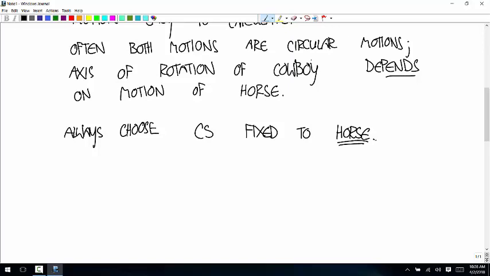And the reason you do that is your coordinate system is in a simple motion, and then relative to the coordinate system, the other motion is simple. You basically put it in between those two simple motions, and you use the rules of rotating coordinate systems to calculate the true velocity and acceleration.